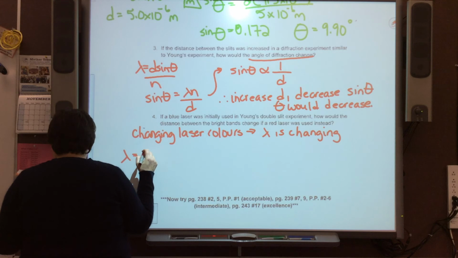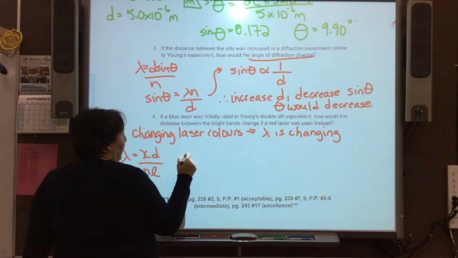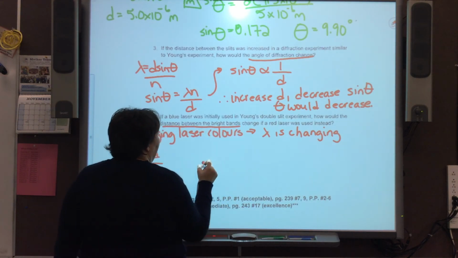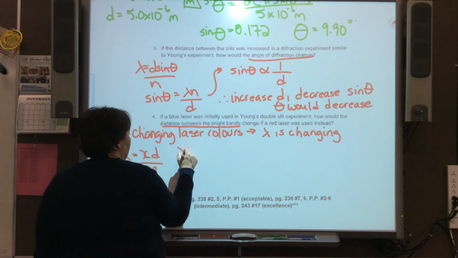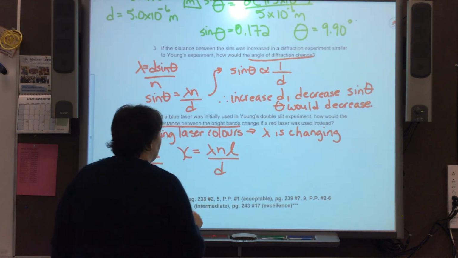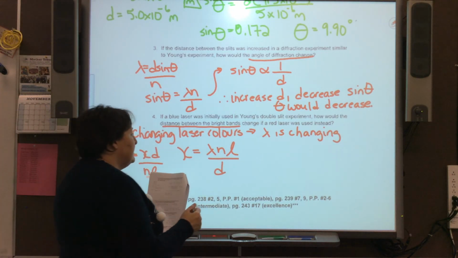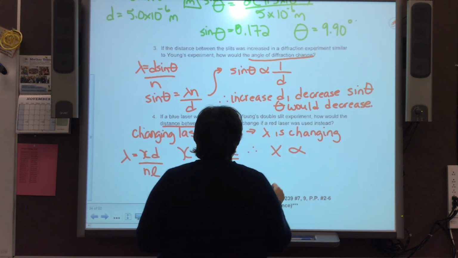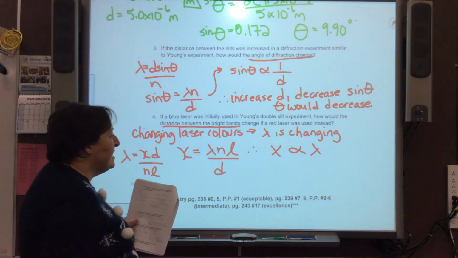Well, we can look at this relationship here. And we're looking at the distance between the bands. So we're looking for x, which is why we're choosing this formula. X doesn't exist in this one. X equals lambda NL over D, which says that x has a proportional relationship to wavelength, because that's what we're looking at.